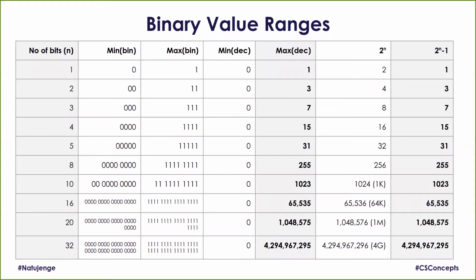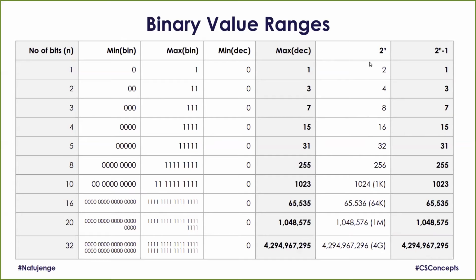Now let's look at a table that will help us appreciate this even more. If you have a 1-bit number, the possible values are either a 0, the minimum, and the maximum is a 1. If you have a 4-bit number, the minimum is when all the bits are set to 0, which gives us a 0 in decimal, and when all the bits are set to 1, which gives us a 15, which is basically what we covered in the previous slide.